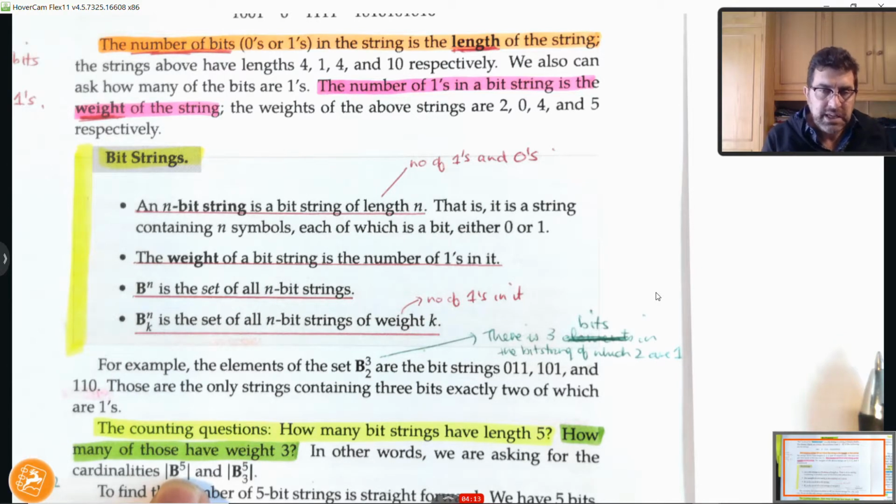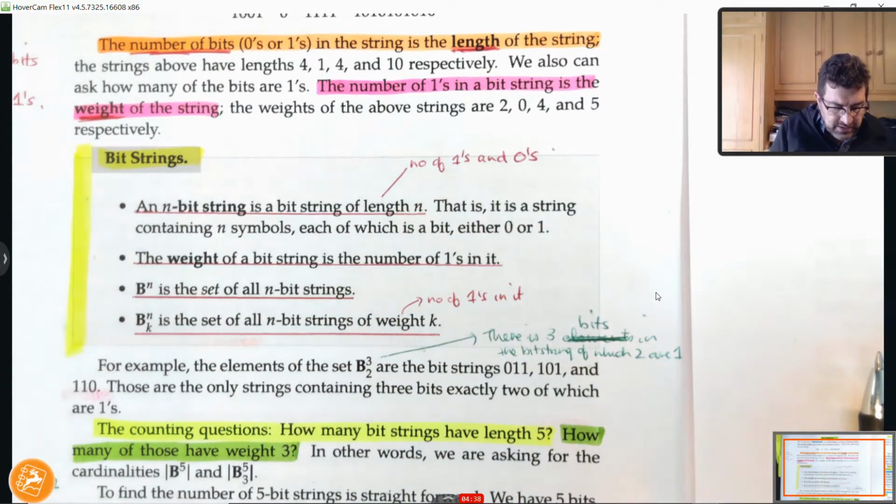So remember the yes-no idea again. There are 2 options: I either include you or I don't include you, but I need to include 5 numbers. So it's simple to get the number of bit strings here, or the cardinality as we're going to call it. It's going to be 32, which is 2 to the power of 5.